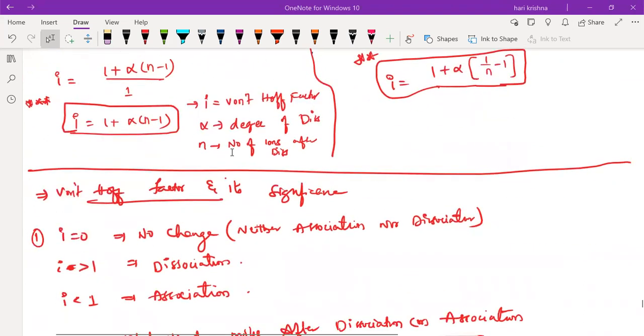Are you moving from class 11th to 12th or already in 12th? Already in 12th, sir. Okay, good. So I hope you have this idea of the Van't Hoff factor and all, degree of association, dissociation. Just you forgot a little.